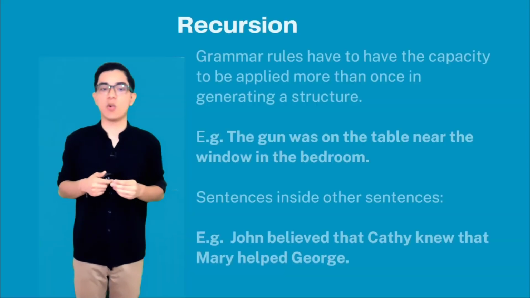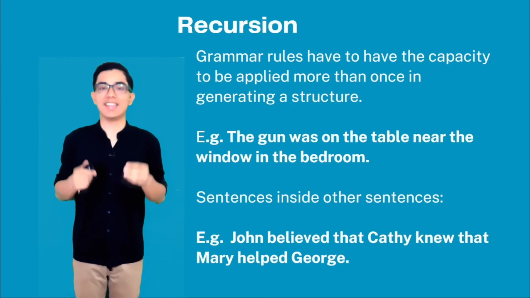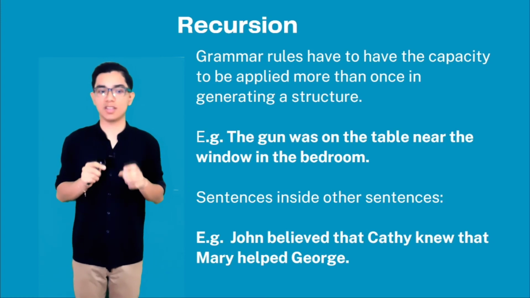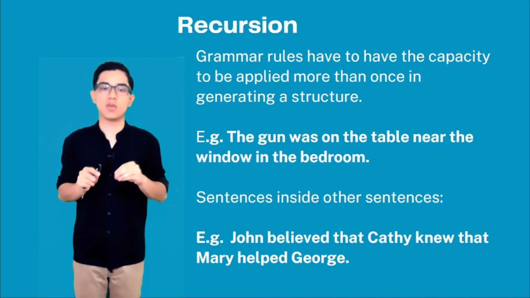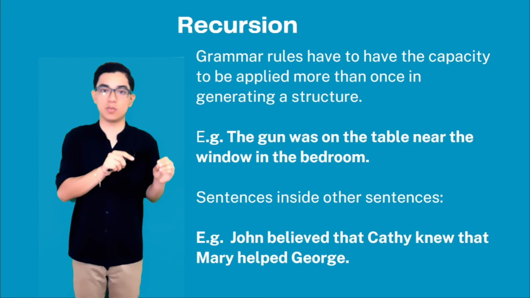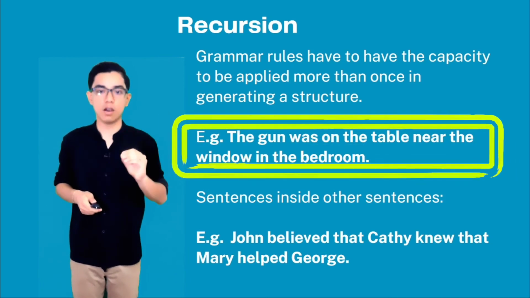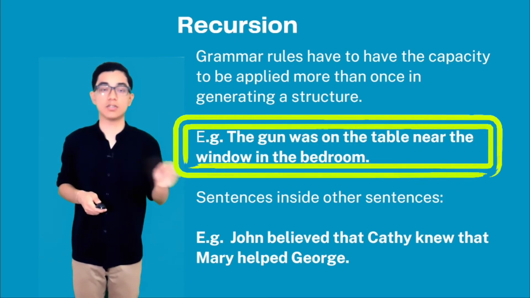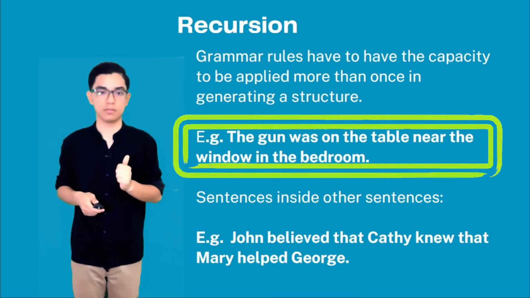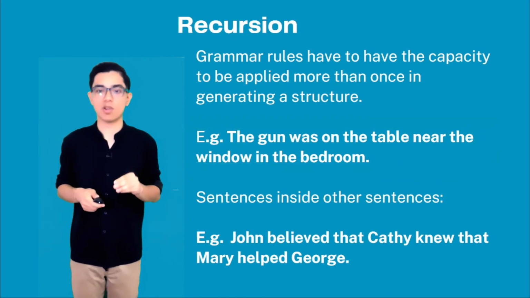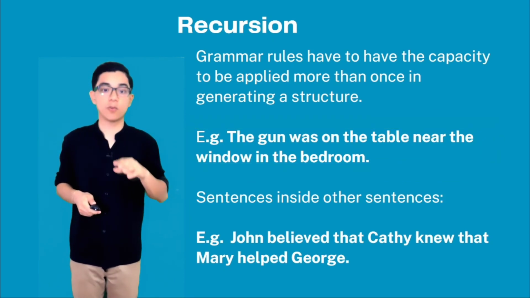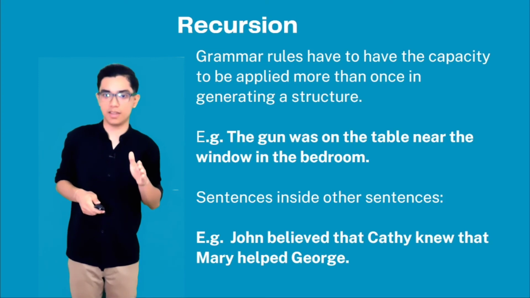On the other hand, we have recursion, and this concept means that grammar rules have to have the capacity to be applied more than once in generating a structure. For example, the gun was on the table near the window in the bedroom. In this case, we are repeating the rule of forming prepositional phrases.